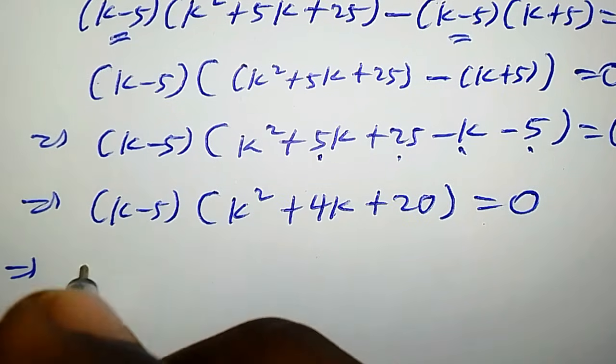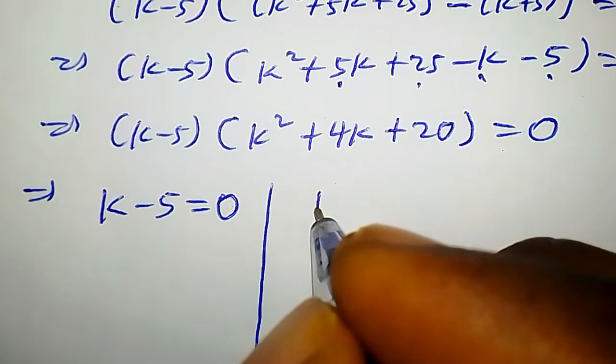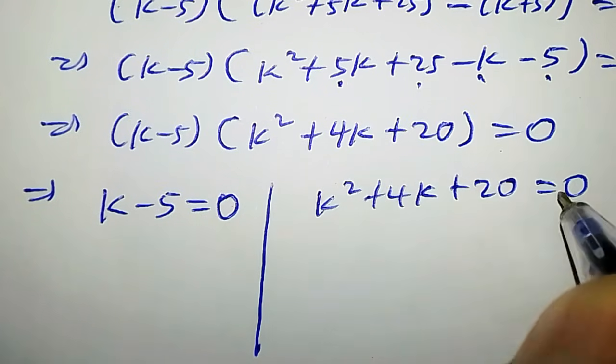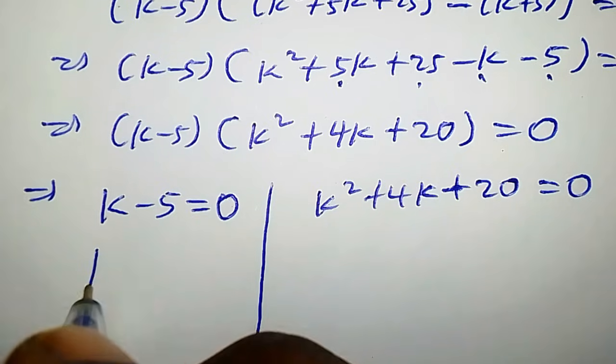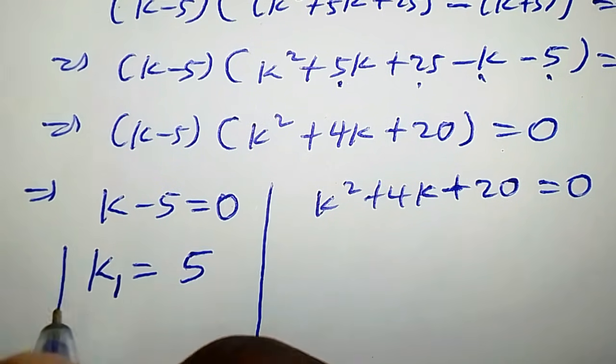This implies that K minus 5 is equal to 0, or K square plus 4K plus 20 is equal to 0. From this line, it is very obvious that K is equal to 5. Let's call this K1. This is the first solution.